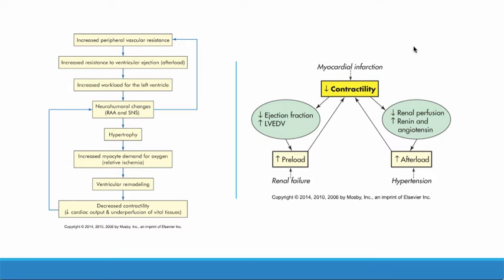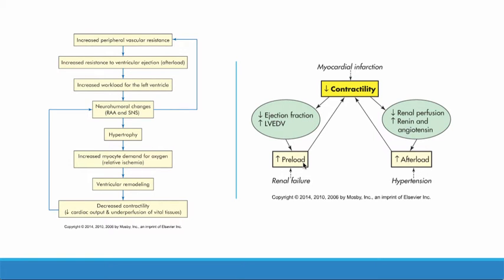Now, we can also have heart failure from myocardial infarction, right? And that leads to an immediate decrease in contractility. So this is the heady stuff that physiologists like to think about. This is what clinicians think about, right? Somebody has an MI, the contractility falls. That means the LVEDV, the left ventricular end diastolic volume and pressure, increase, because the ejection fraction has fallen.